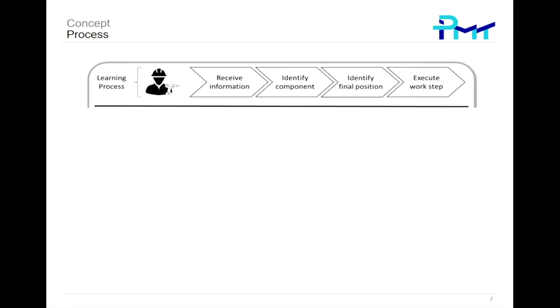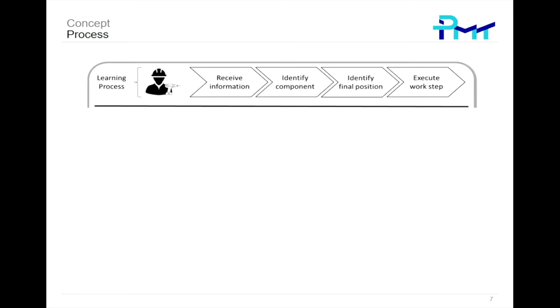Okay, so for the learning process, what I understand in this paper as the learning sequence that I would like to teach with VR: first of all, the worker receives some kind of information, which can be oral or written, but it's usually something like move part A in place A to part B. Then the second step is that the worker identifies the component wherever it is.